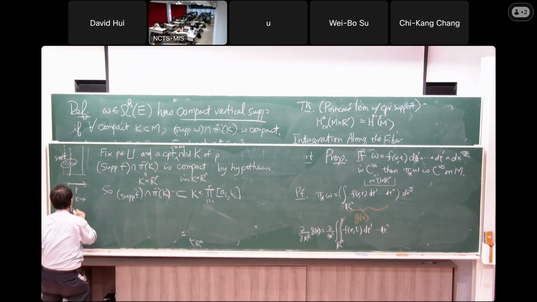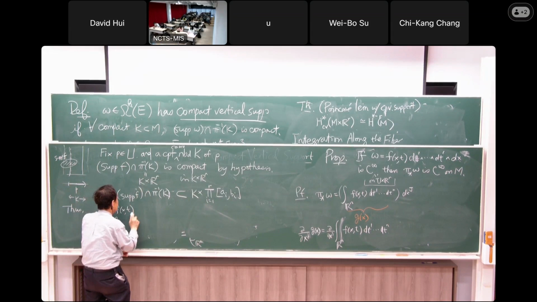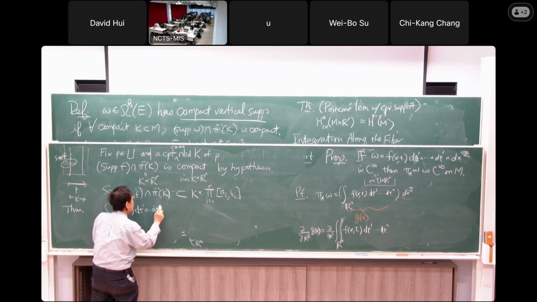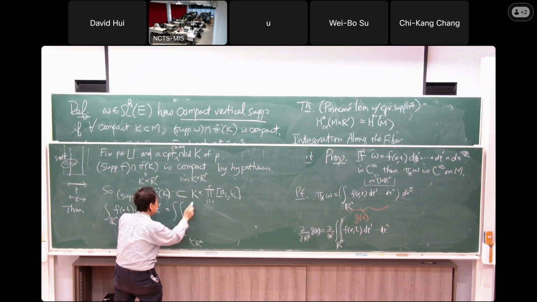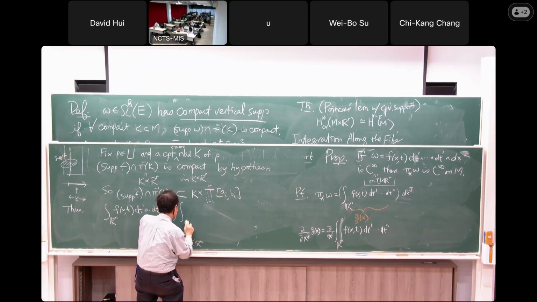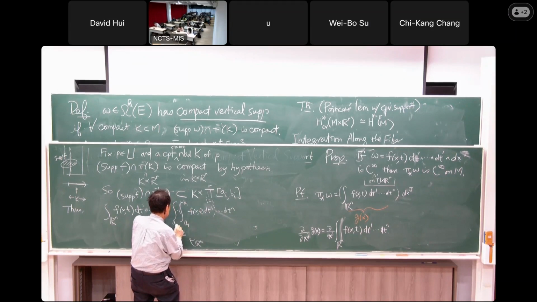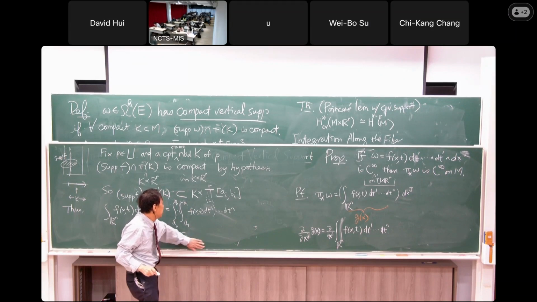So thus, the integral over R^r of f(x,t) dt1 to dtr is actually the same as the integral from, say, a1 to b1 of f(x,t) dt1, and so on. You just integrate over closed intervals, okay?